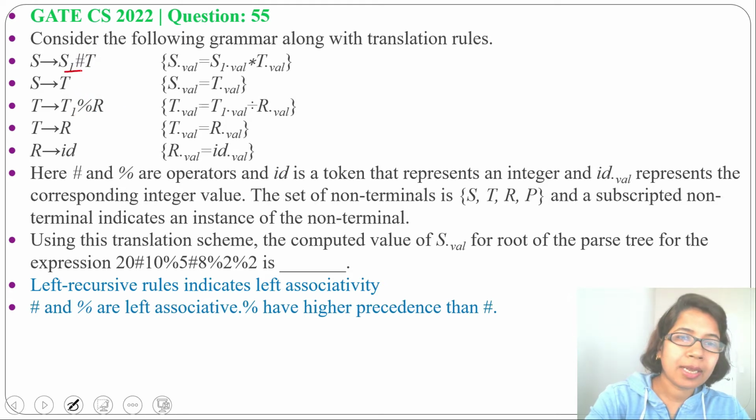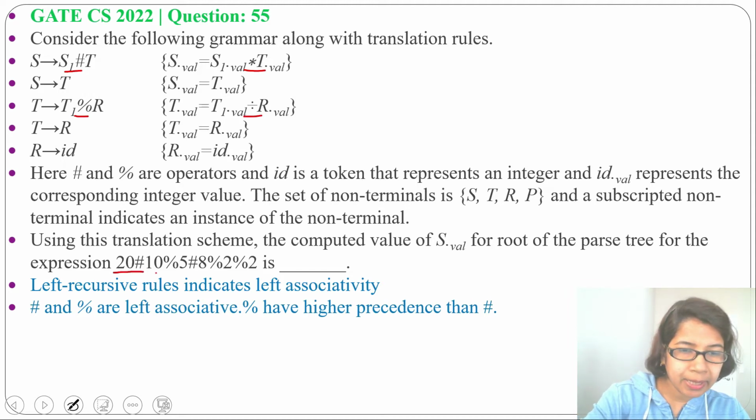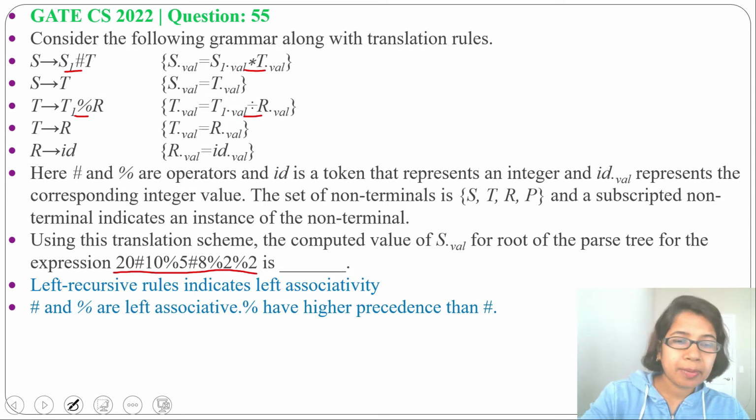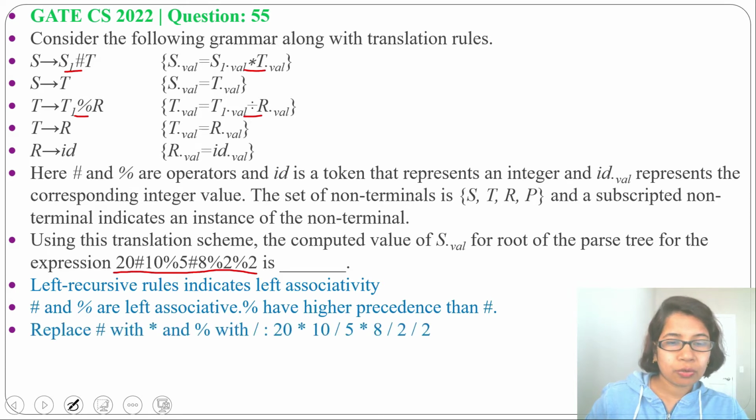And here hash means multiplication, percent means division. So we can replace these operators. In place of hash, we write multiplication, and in place of percent, we write division. So 20 multiplication 10, then in place of percent, we write division 5.